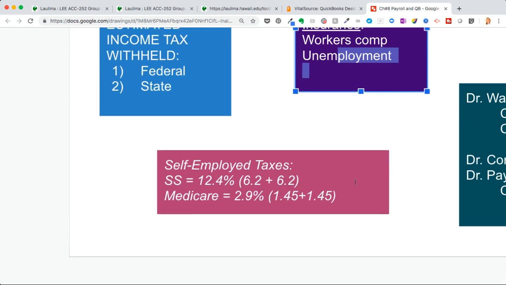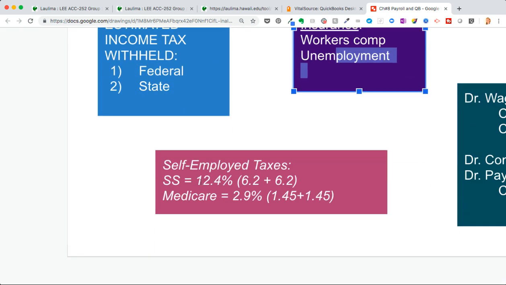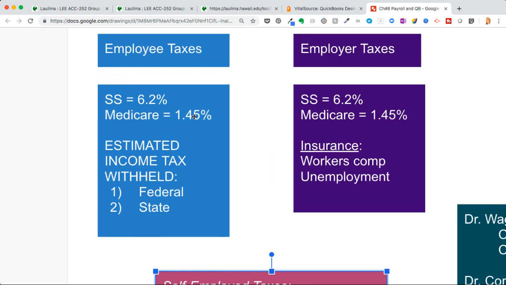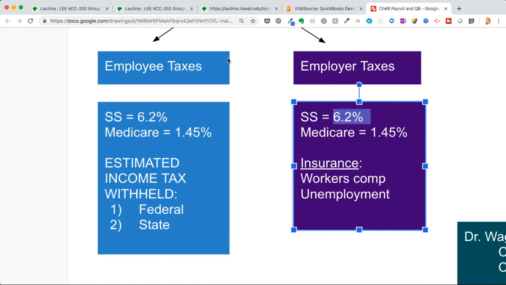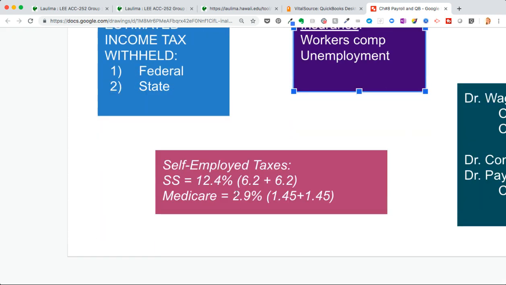Okay, now just to point out here, self-employment taxes have a deceiving name. They are actually just Social Security combined, that's 6.2% and 6.2%, and then the 1.45% and the 1.45%. When you're self-employed, you pay them all.